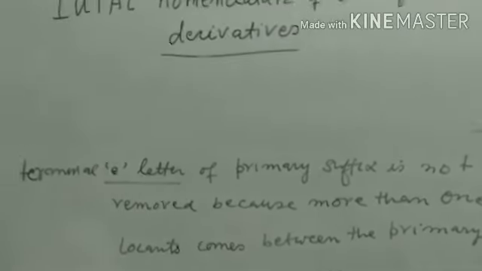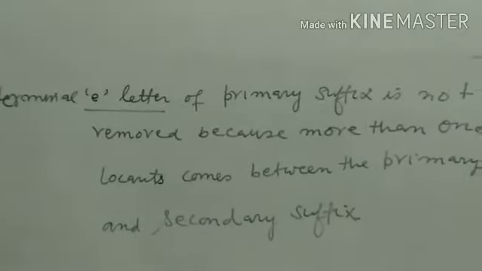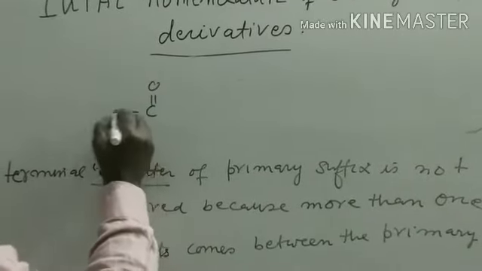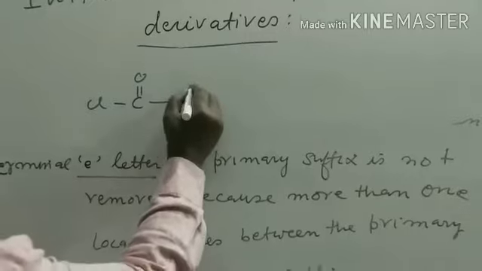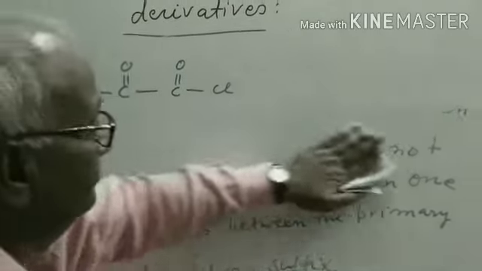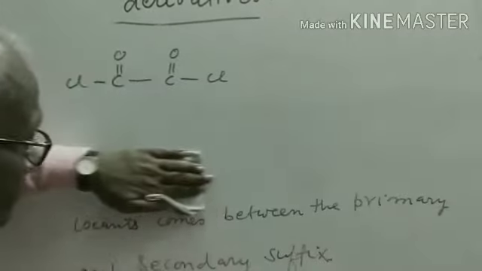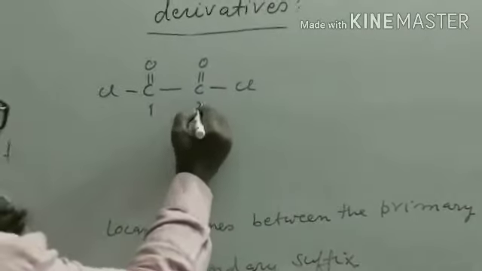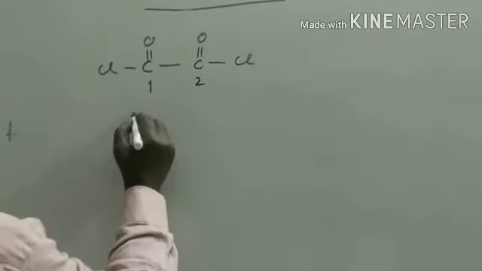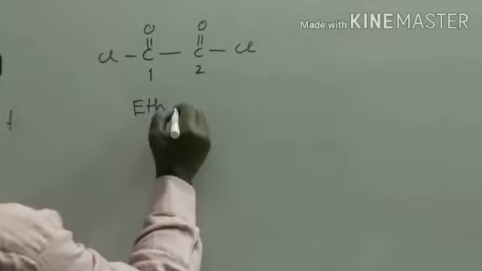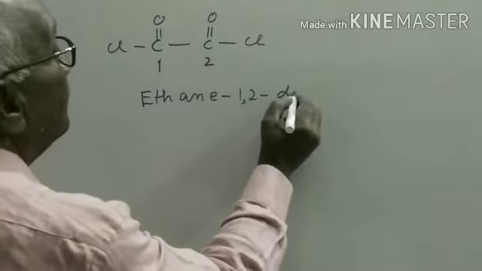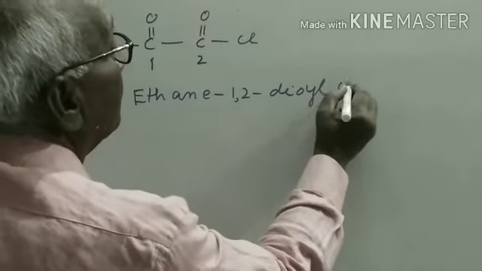See with example. Acid chloride of oxalic acid. Number 1, number 2. Root word is eth. Primary suffix is ane. 1,2-dioyl chloride.